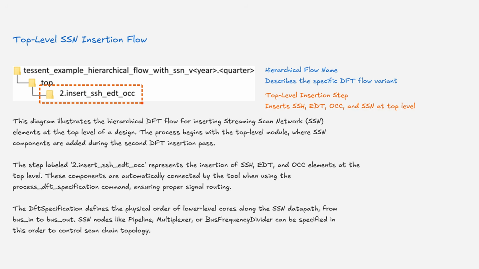These components are automatically connected by the tool when using the process DFT specification command, ensuring proper signal routing. The DFT specification defines the physical order of lower-level cores along the SSN data path, from bus in to bus out. SSN nodes like pipeline, multiplexer, or bus frequency divider can be specified in this order to control scan chain topology.